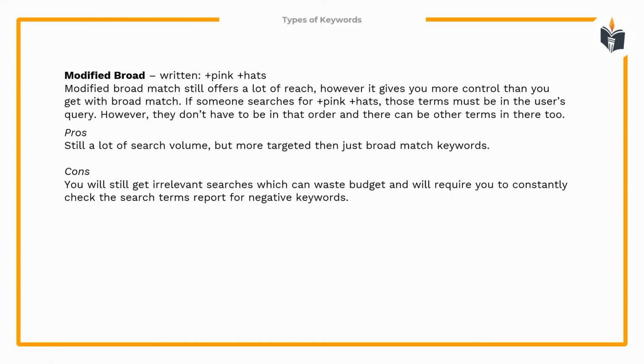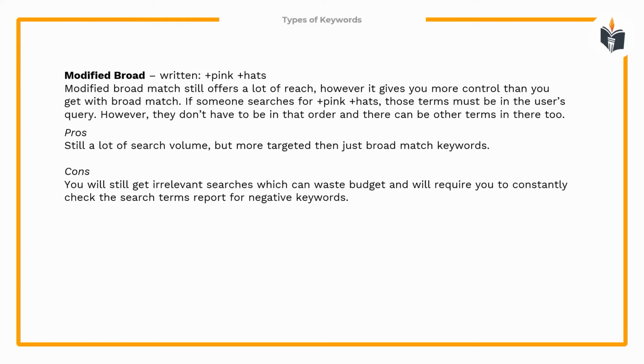So that is modified broad. But in broad match, even if it is only related to that, it will still show. So suppose someone searches pink cap: if you're using modified broad, it will not show the ads. But if you're using broad match, maybe it will show the advertisement, right? So that is the difference.